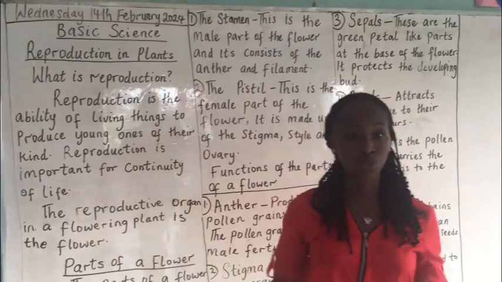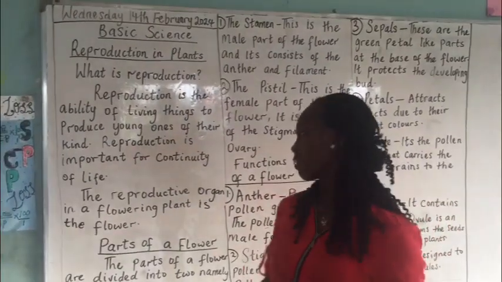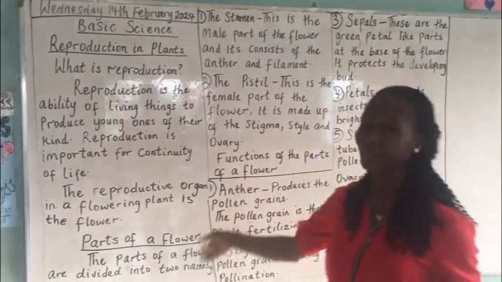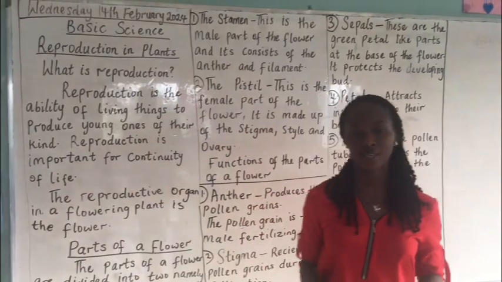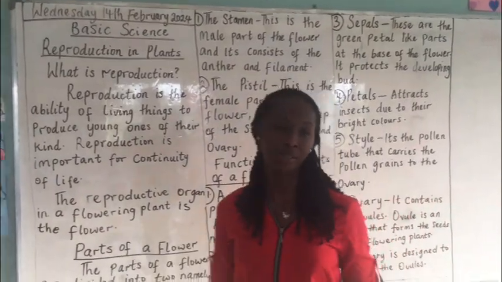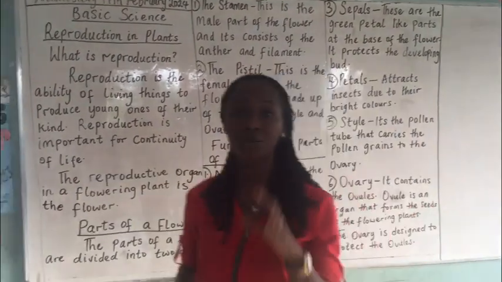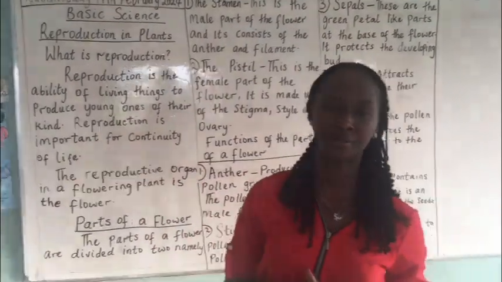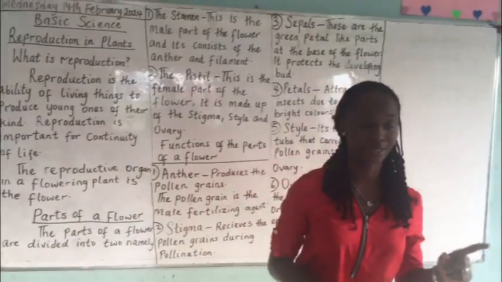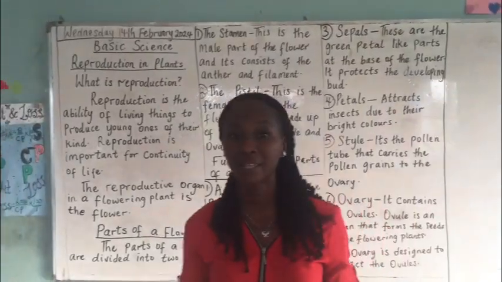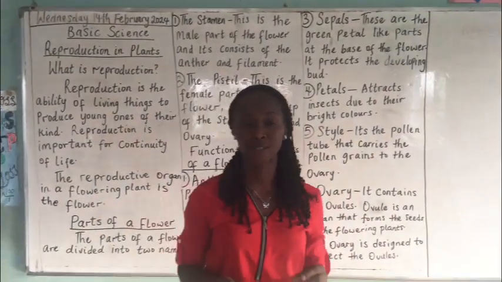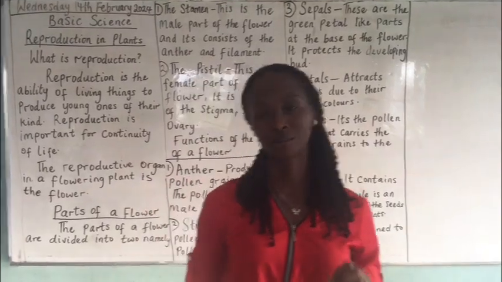So, plants also reproduce. The reproductive organ in a flowering plant is the flower. The flower is referred to as the reproductive organ. So you should take note that the reproductive organ in a flowering plant is called the flower.